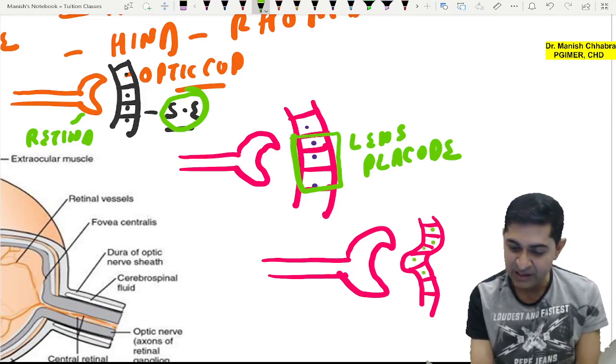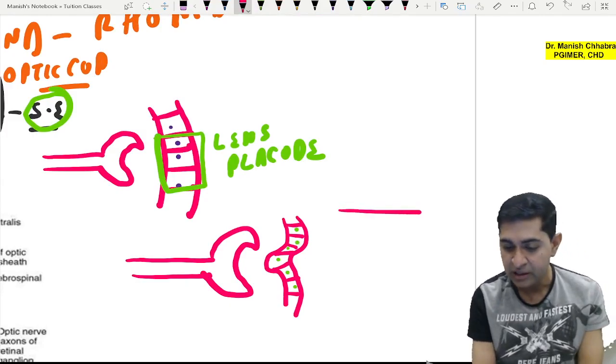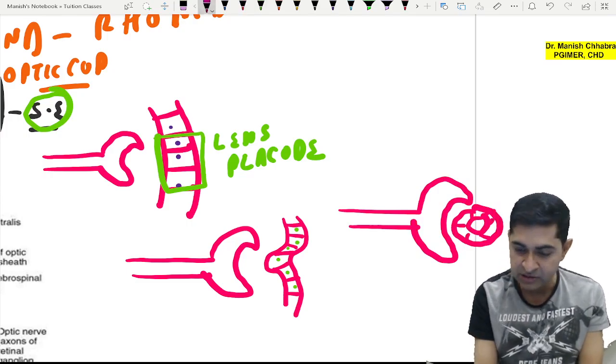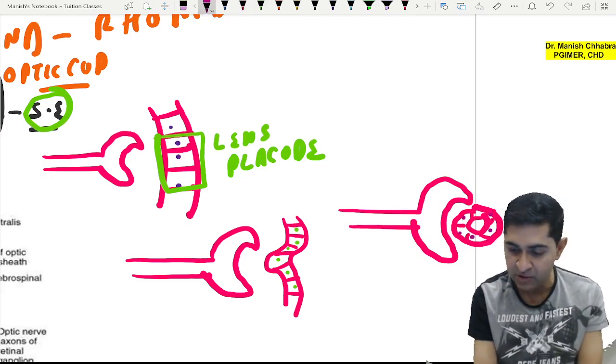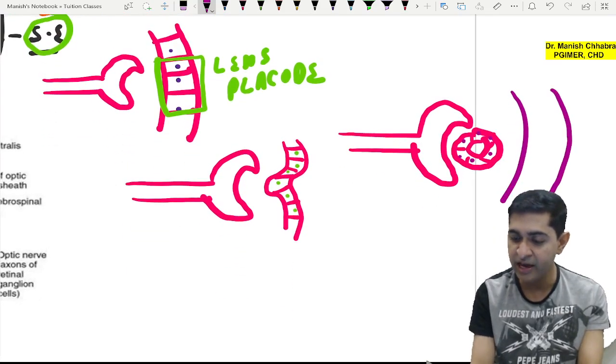So there is invagination, so nucleus, and eventually, now the same optic cup, and there is a single cell, a beautiful structure, and again there is a nucleus. And this is again your surface ectoderm.